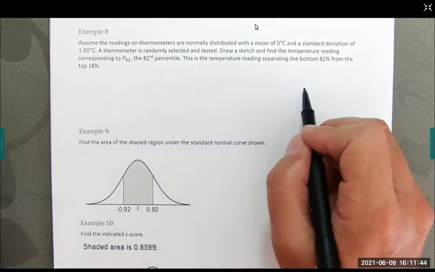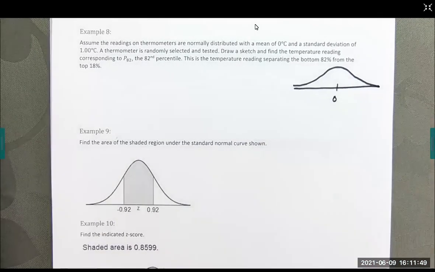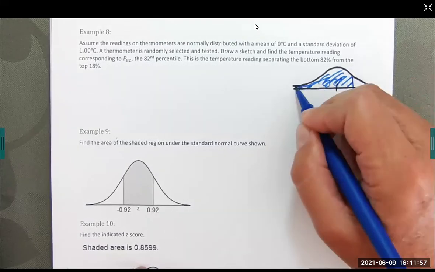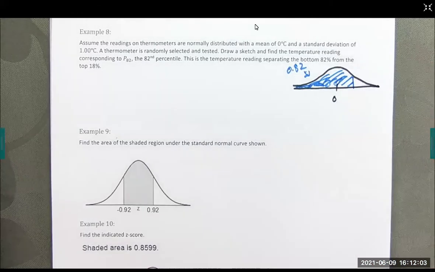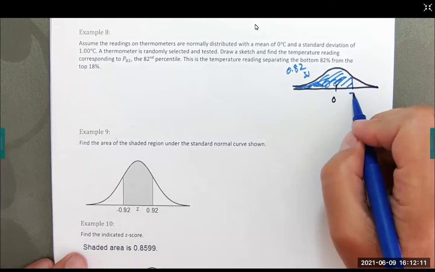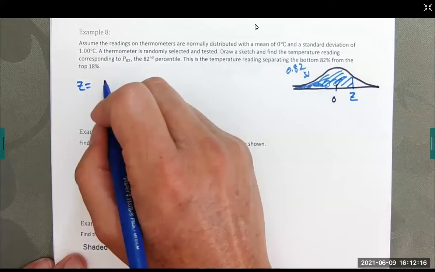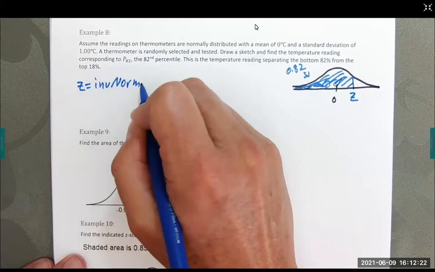So let's draw our picture. The bottom 82%, that's going to be here. So this is 82. So we're looking for a z-score where we already have the area to the left. So this z here is going to be z equals inverse norm, because we already have the percent, 0.82.